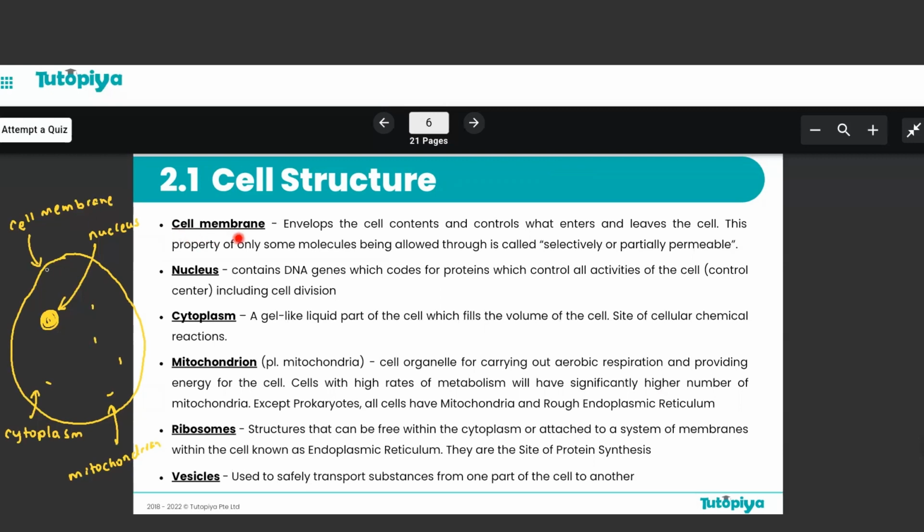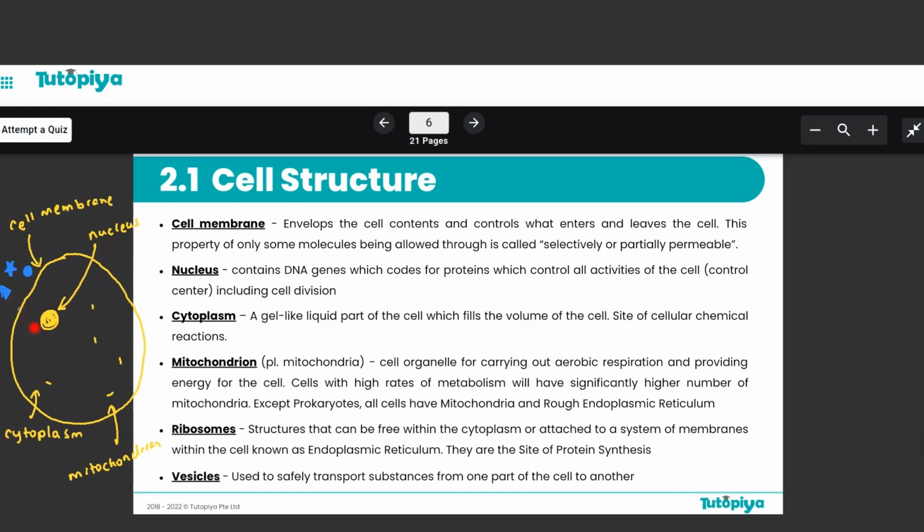The cell membrane is a thin layer that runs around the entire cell, and the cell membrane controls what enters and leaves the cell. So basically, what the cell membrane does is, let's imagine there are a few molecules. I'm drawing a few molecules over here in different shapes for you to understand that there are different molecules, right? So there are these different molecules that are trying to enter into the cell.